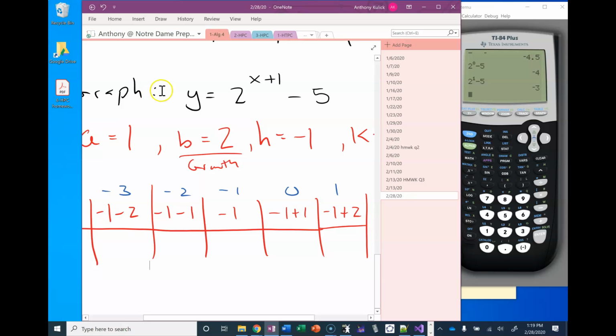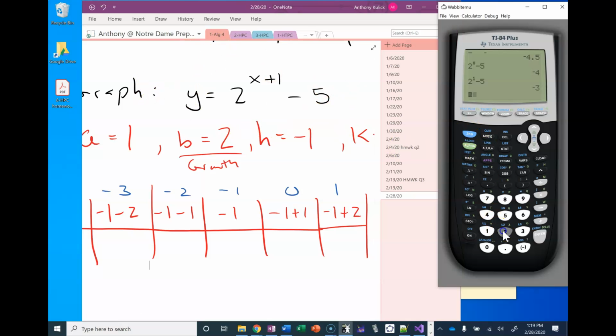Look. All right, so what am I trying to do here? I'm plugging these x's into this equation, right? So I was doing it right the very first time. I don't know what happened.